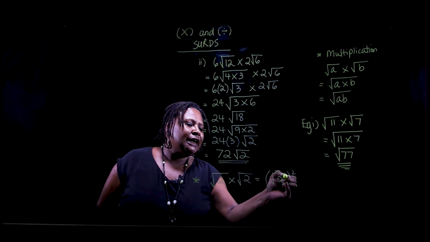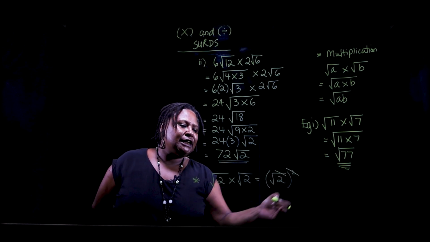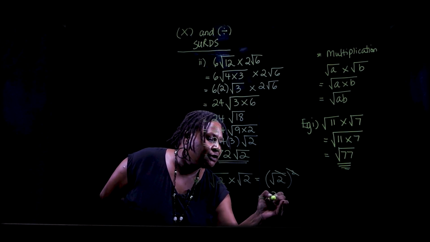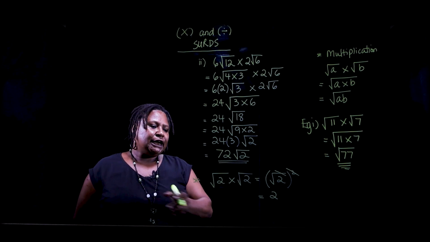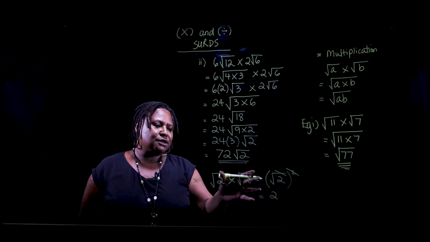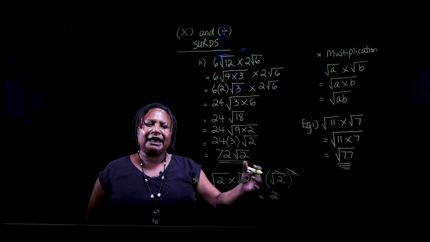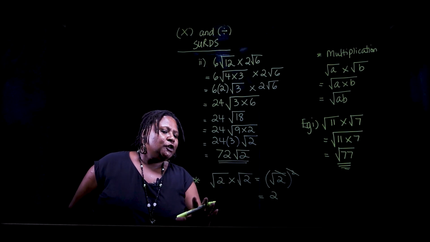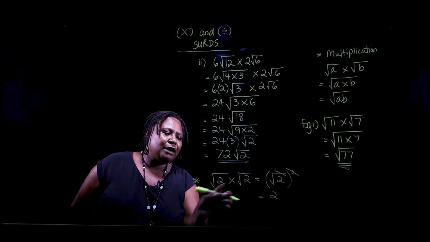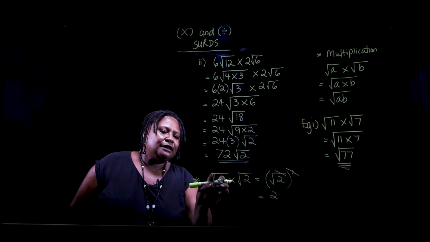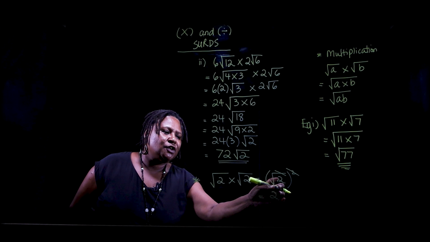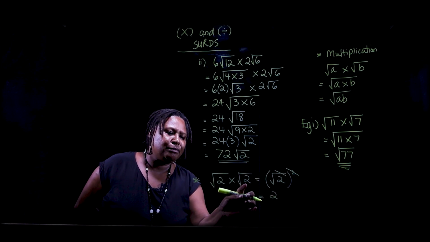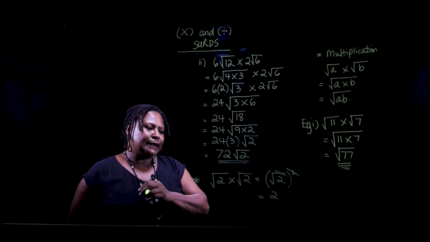So this sign and the squaring sign here will cancel out, and you are left with 2. This is an important fact we must know because we are going to use it in the next lesson. So with any number that is the same under the radical sign, squaring and square root cancel out, and the answer is the number under the radical sign.